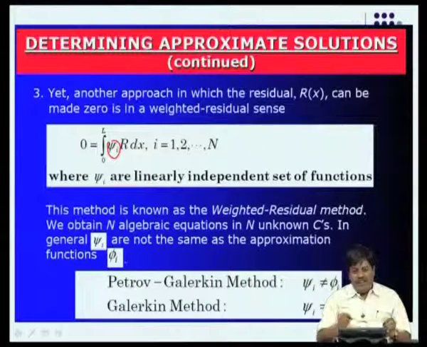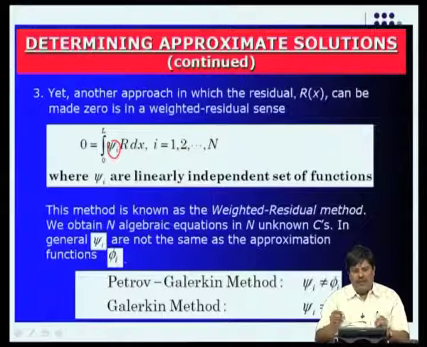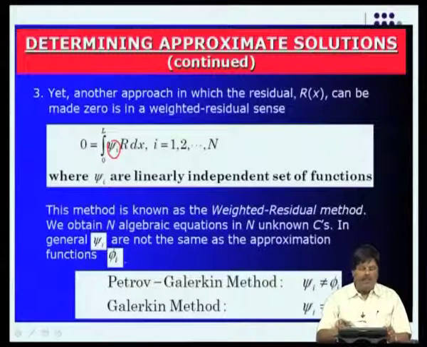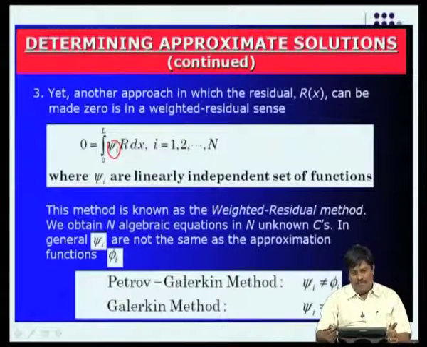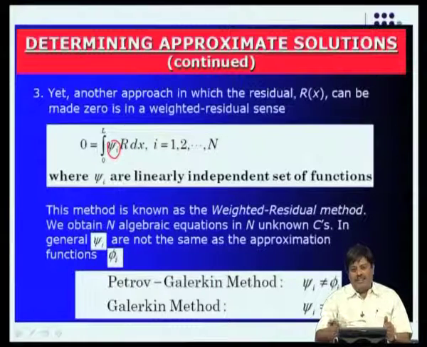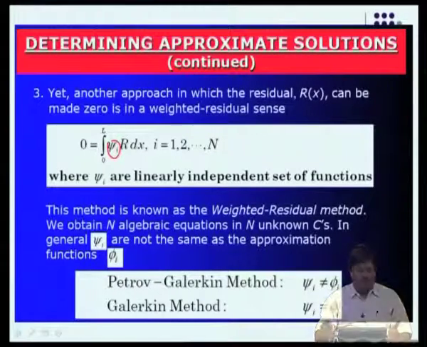And in general, psi's and phi's are not the same. If psi's and phi's are not the same, such a method is called the Petrov-Galerkin method. If psi i's are the same as phi i's, it is called the Galerkin method. We would see later that the Galerkin method is another form of the finite element methods that we are going to talk about in this course.